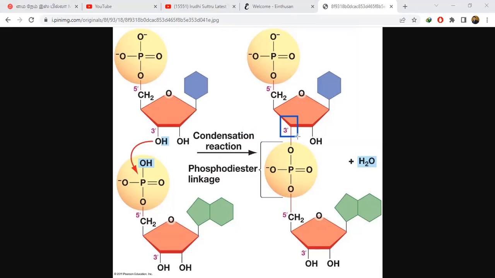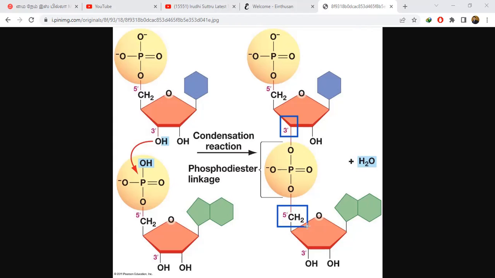Third carbon. Here, what is the number marked? 5. What is the meaning of it then? Fifth carbon.